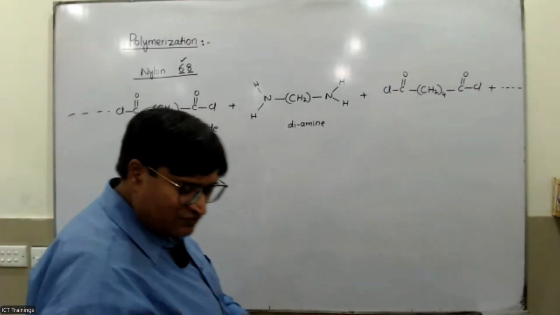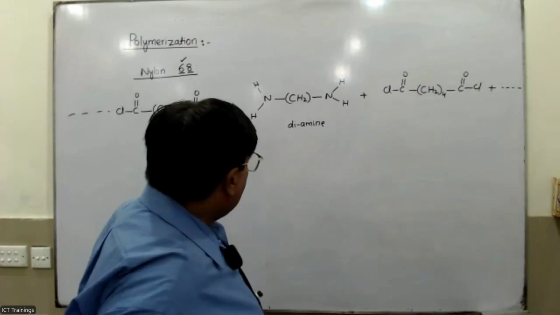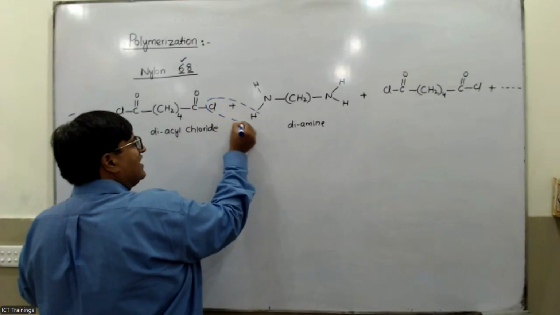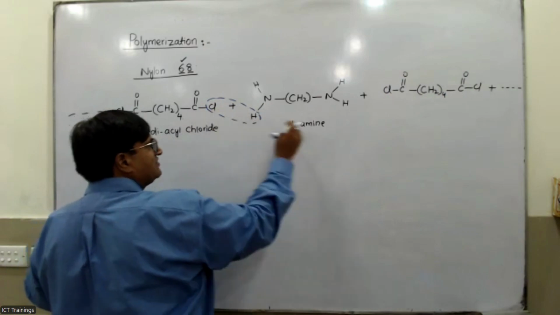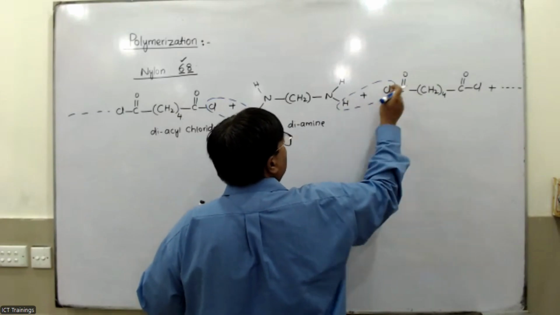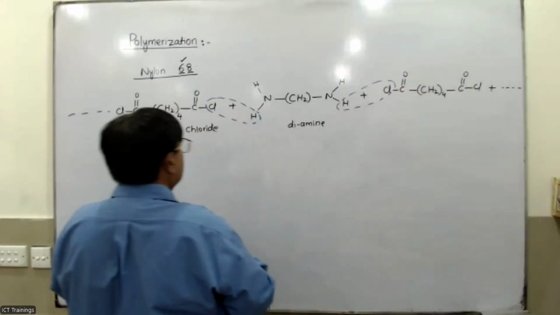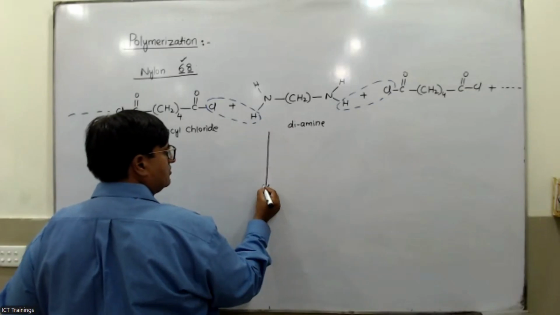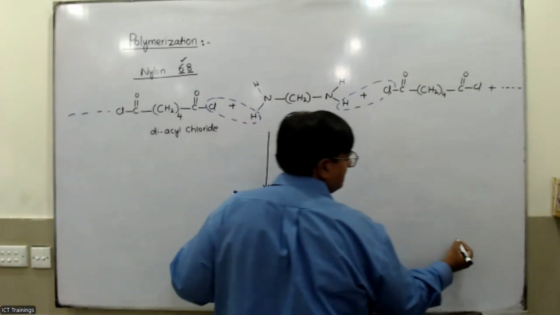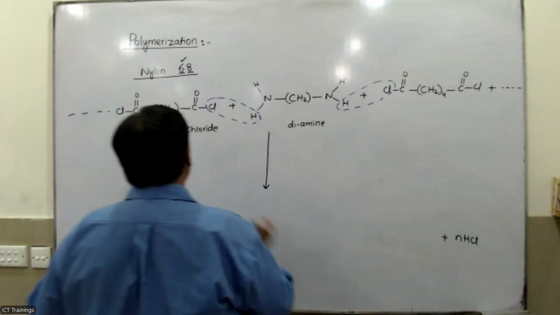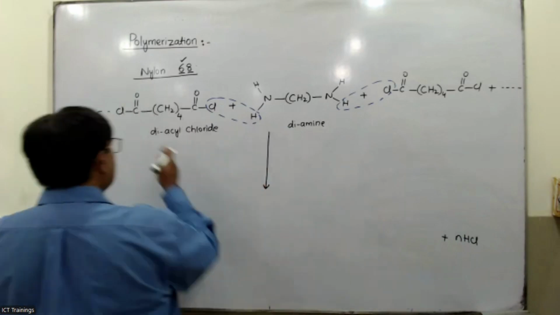Okay, so now what would happen? The H from the amine and the Cl from the acyl chloride are going to form HCl. So H from here and Cl from here would form the HCl. So now you will get n number of HCl. And join all of these.